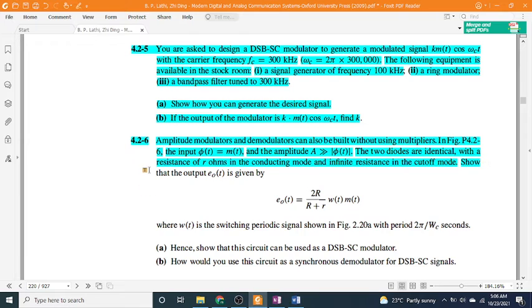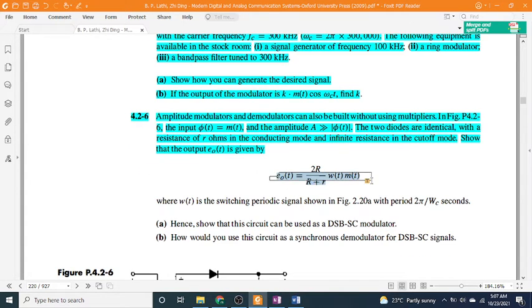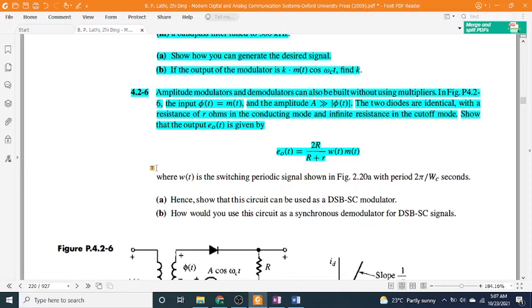Show that the output e0(t) is given by e0(t) = (R/(R+R)) w(t) m(t), where w(t) is the switching periodic signal shown in Fig. 2.20a with period 2π/ω seconds.